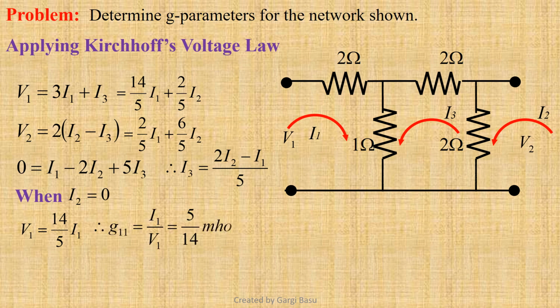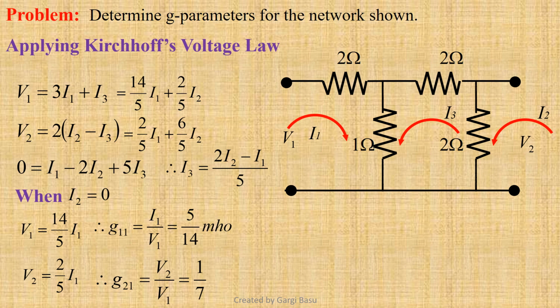Hence, G11 equals I1 by V1 equals 5 by 14 mho. From equation number 2, we get V2 equals 2 by 5 I1 when I2 equals 0. Therefore, we get G21 equals V2 by V1 equals 1 by 7.